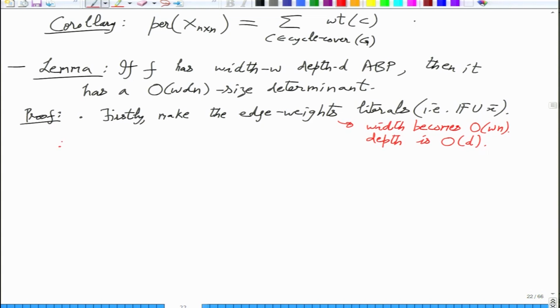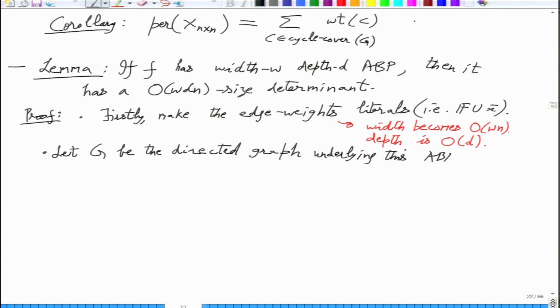Let G be the directed graph underlying this ABP. So modify it to a graph G prime as follows.